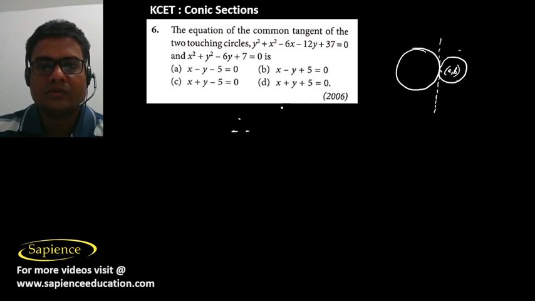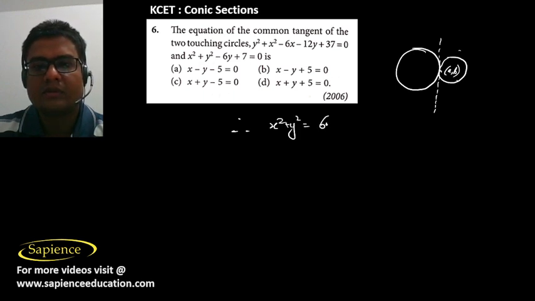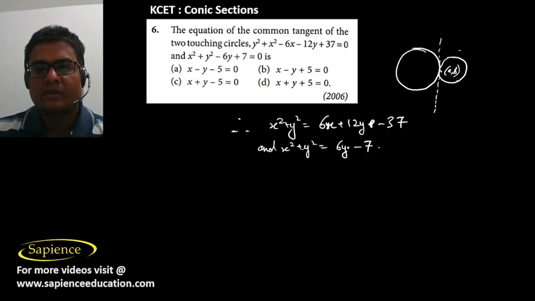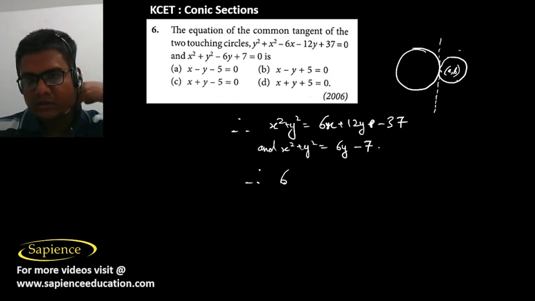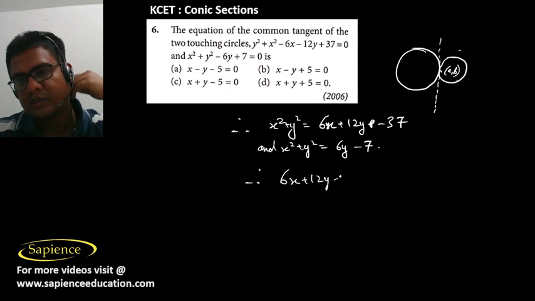Now if we solve these two circles, that will be x square plus y square equal to 6x plus 12y minus 37, and here it is x square plus y square equal to 6y minus 7. So these two are equal. So therefore 6x plus 12y minus 37 should be equal to 6y minus 7.